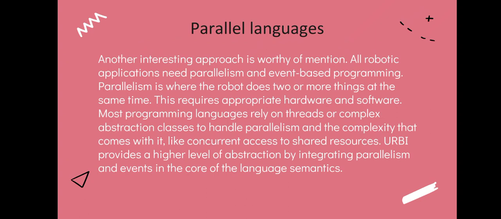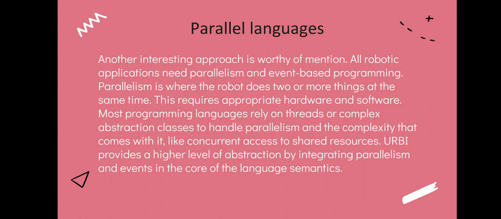Parallel languages. Another interesting approach is worthy of mention. All robotic applications need parallelism and event-based programming. Parallelism is where the robot does two or more things at the same time. This requires appropriate hardware and software. Most programming languages rely on threads or complex abstraction classes to handle parallelism and the complexity that comes with it, like concurrent access to shared resources.